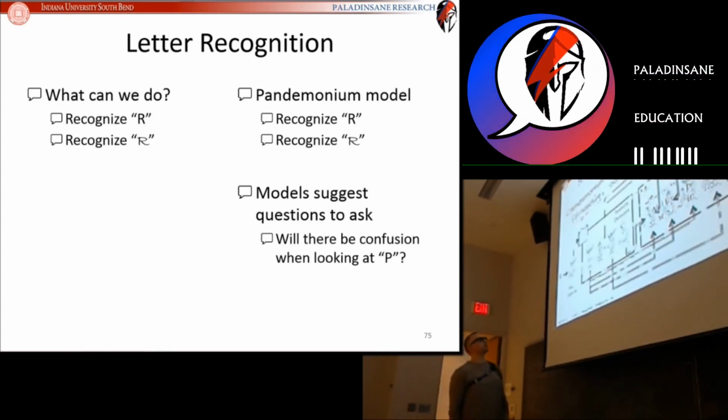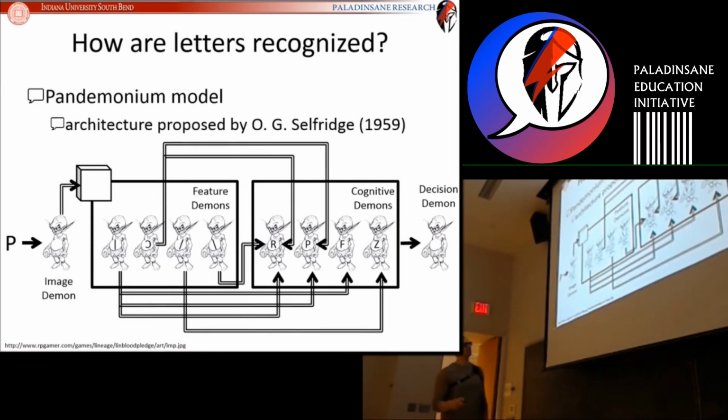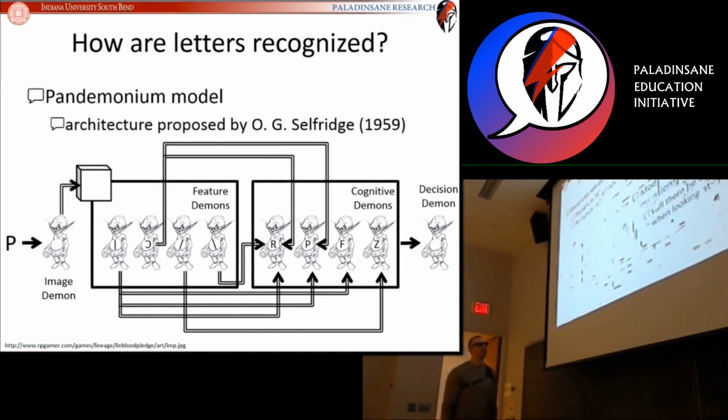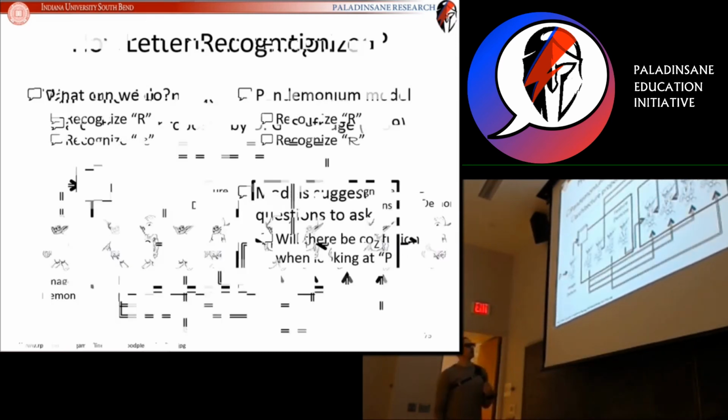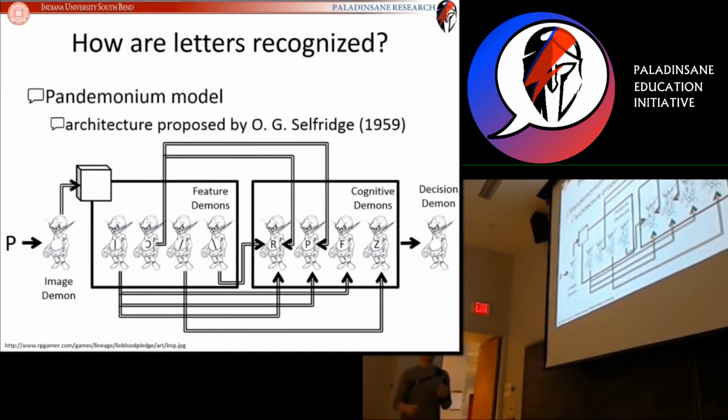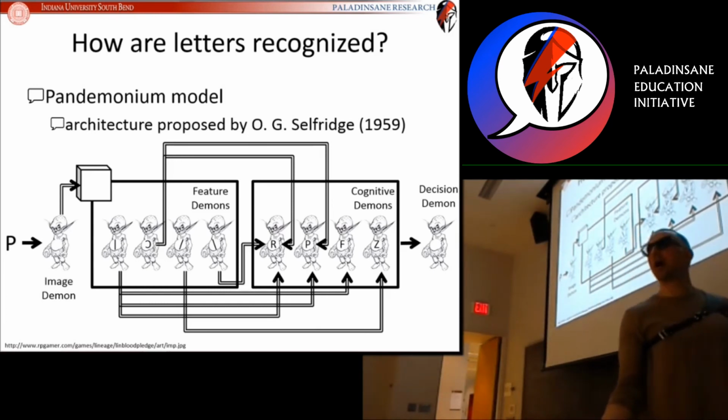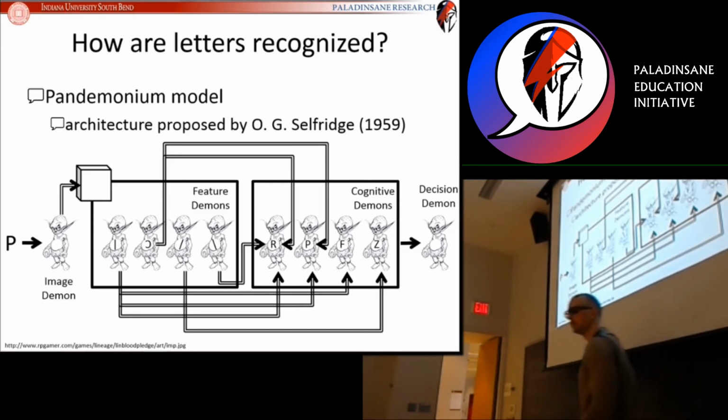But this Pandemonium model, as it is listed in your lecture notes, we can ask the question, will there be confusion when you're looking at the letter P? So go through the steps of the Pandemonium model and try to decide, given this simplified version of it, if a P is out there in the real world, will this decision demon be able to make a decision as to who has the most calls coming in, who has the most people complaining to them?